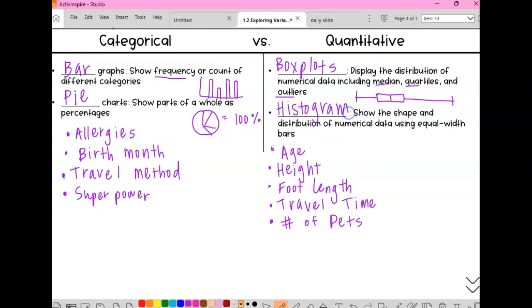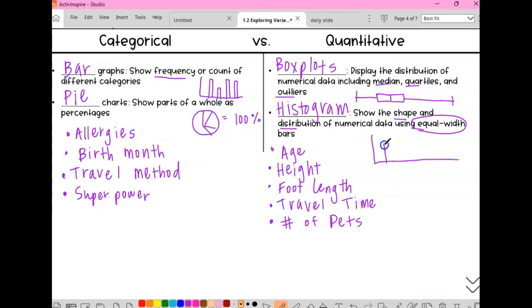Okay, histograms show the shape, very important, the shape and the distribution of the data using what kind of bars? Equal width, okay? Also something to note here, which you're about to draw, is that histograms, the bars have to touch. So a lot of students get histograms and bar graphs confused.